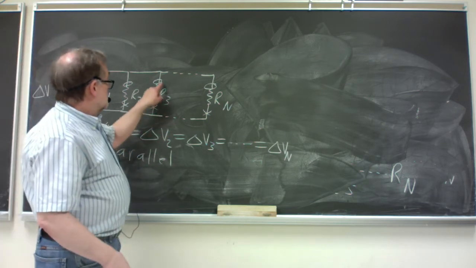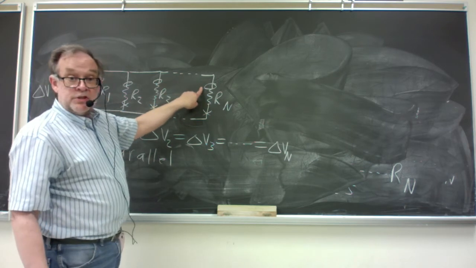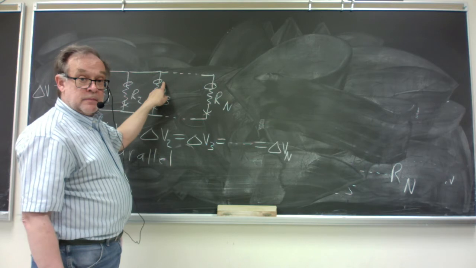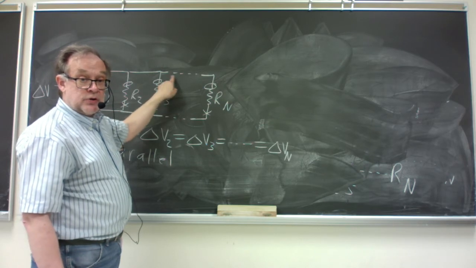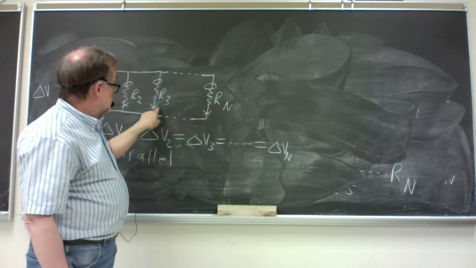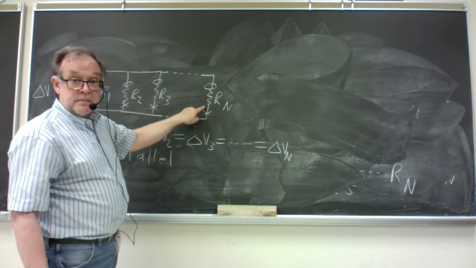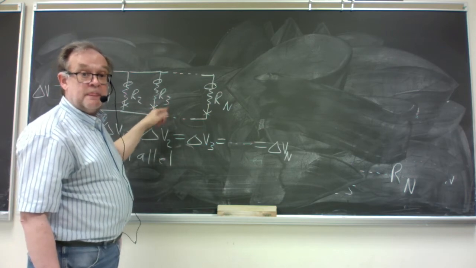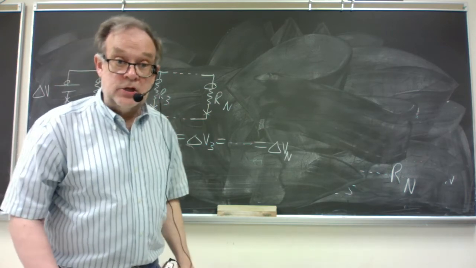Right? These resistors are in parallel because the corresponding sides, the sides where current enters, are connected by nothing but wire, and these corresponding sides, the sides of the resistor where the current leaves, they're connected by nothing but ideal wire.